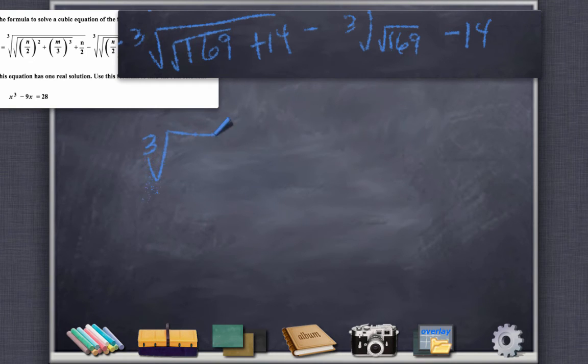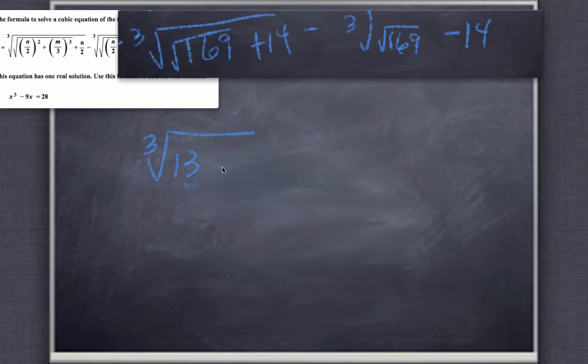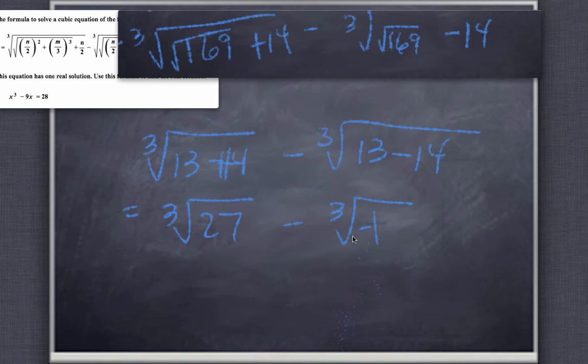Okay, so that's the cube root of. Square root of 169 is 13. So this is 3 minus negative 1, so forth.